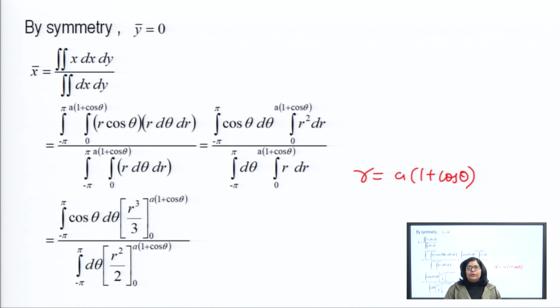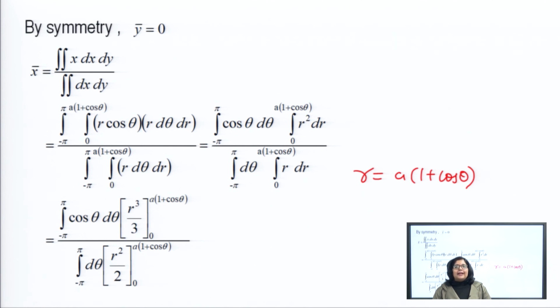If we put r equal to 0, we have 1 plus cos theta equal to 0, that means cos theta is equal to minus 1, so theta is equal to minus pi to pi. So the limits of theta are minus pi to pi, and the range of r is 0 to a times 1 plus cos theta.